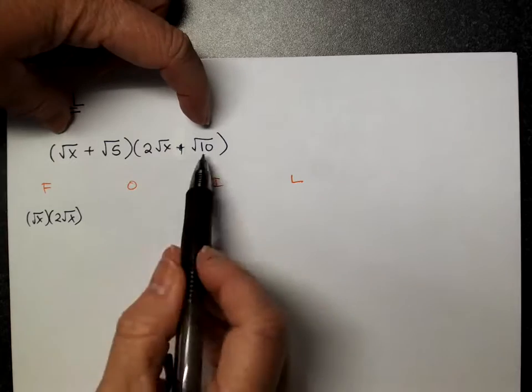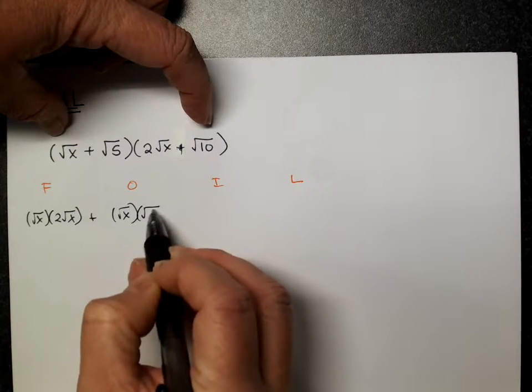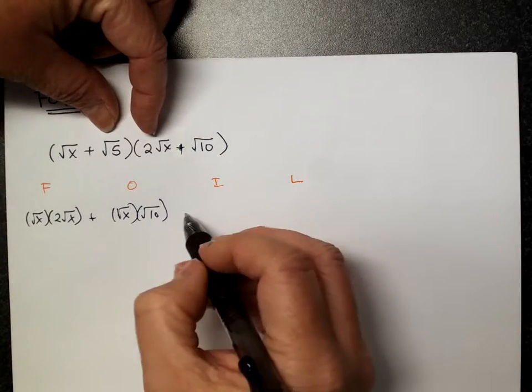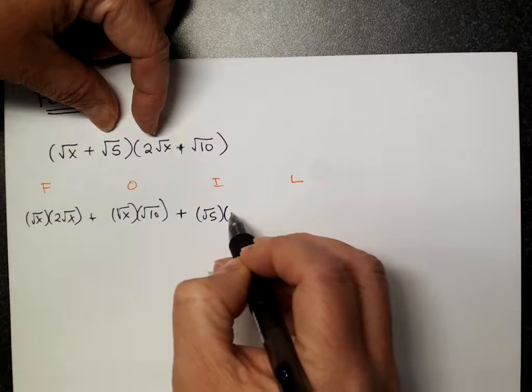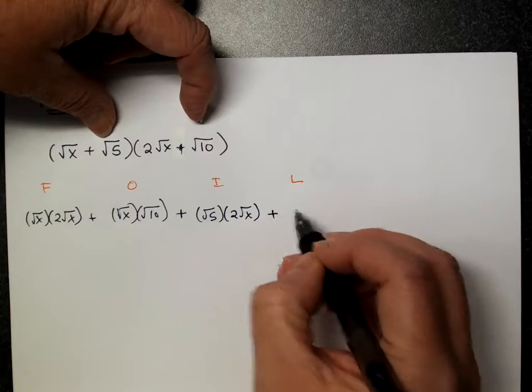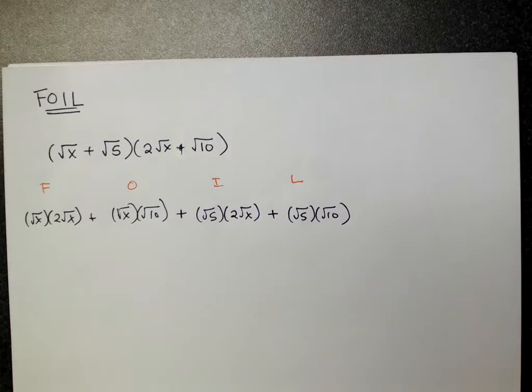Here, my outside terms are both positive, so I put a plus sign, and now I just put square root of x, square root of 10. The inside terms both positive, put a plus sign, square root of 5 times 2 square root of x. Last terms both positive, put a plus sign, square root of 5, square root of 10.